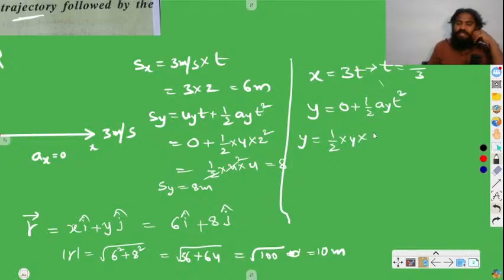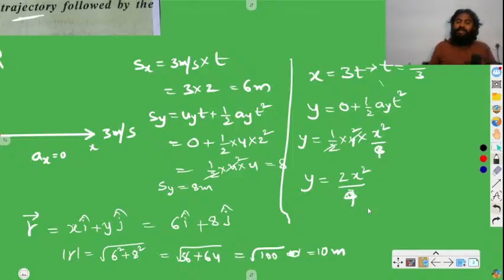In the sense, t square is x square by 3 square. So now here we are getting y is equal to 2 times x square by 9.